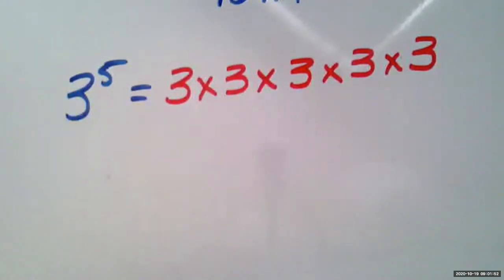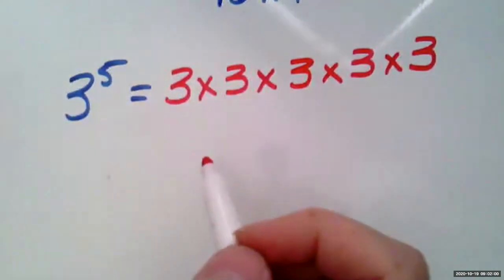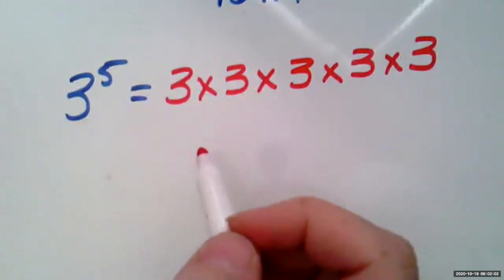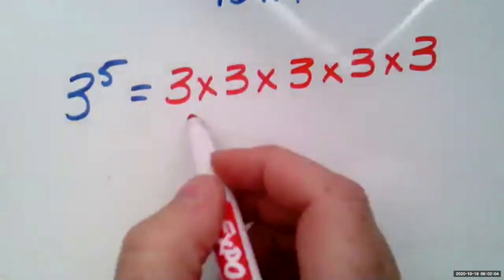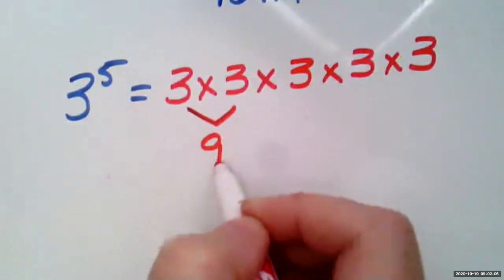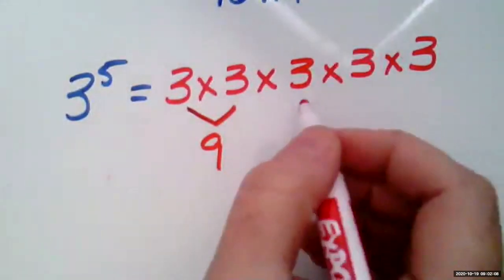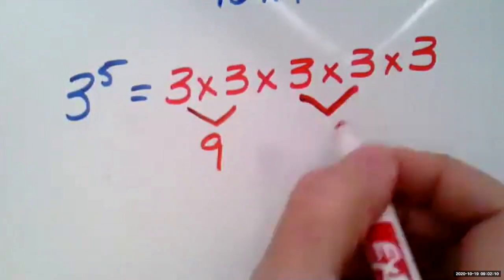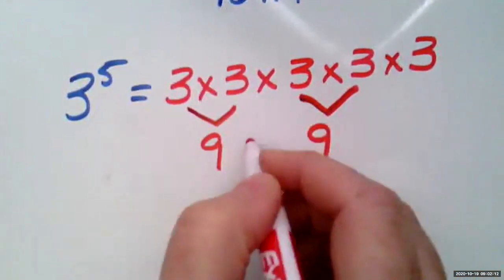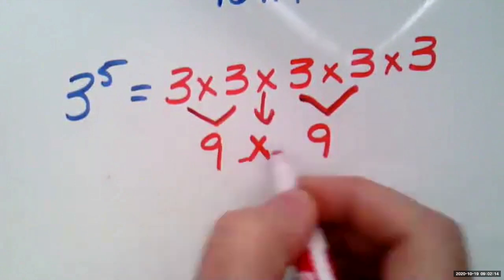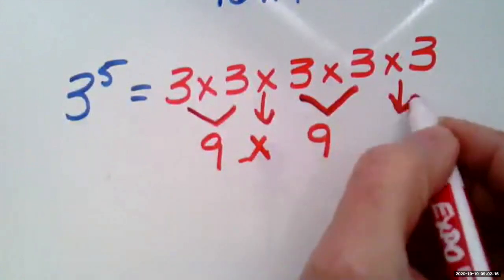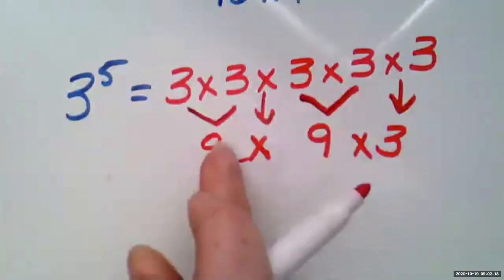Oh, there we go. Now I'm getting some right answers. Okay, fantastic. Again, 3 times 3 is 9. I like to bunch mine as many as I can. Another 3 times 3 is 9. I still have 9 times 9, and I still have times 3.